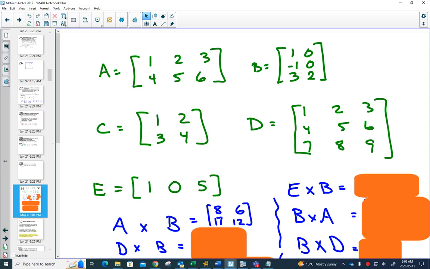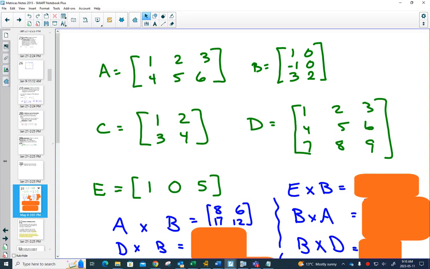And when doesn't it? I can tell by looking at D times B that it's going to work. And I can tell you how big my answer is going to be. For example, this one was a 2 by 2 in the end. This one, when you type it in, is going to end up being a 3 by 2. How do I know that?